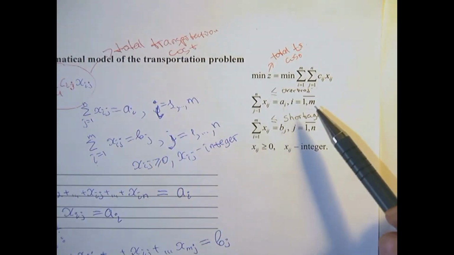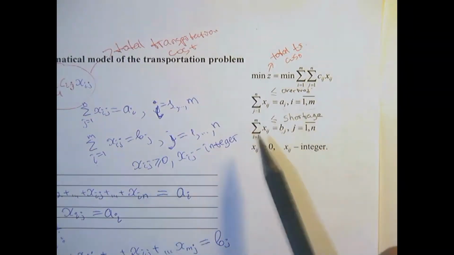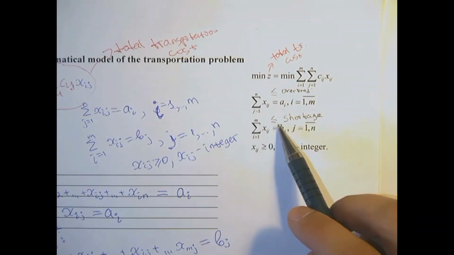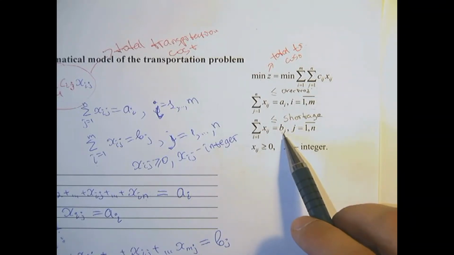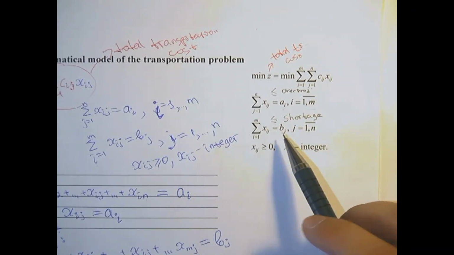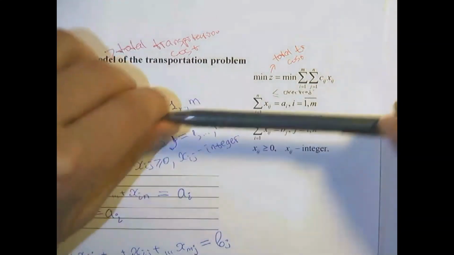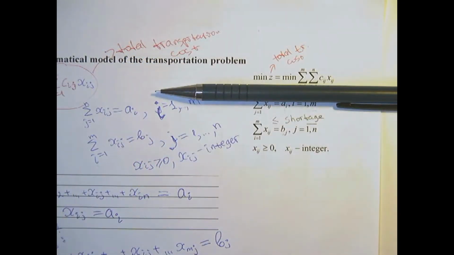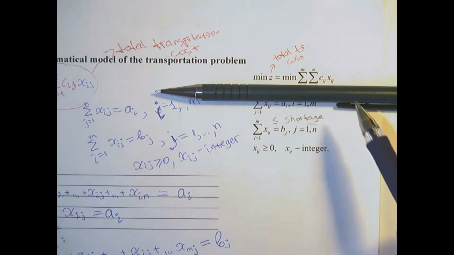So when there is a shortage case, equality is here for production sides and inequality is for demand sides. I may just hide this change, and for the shortage case, this is the mathematical model.